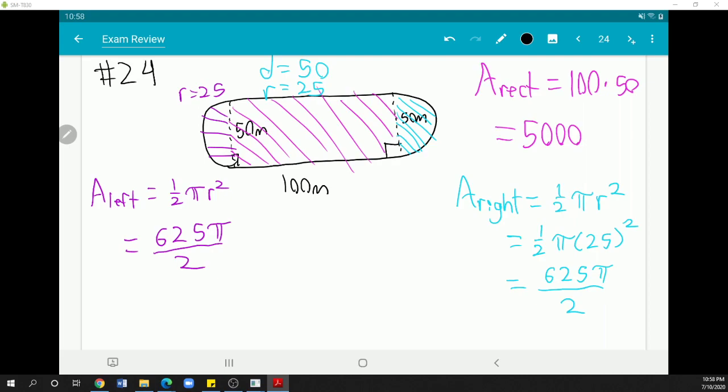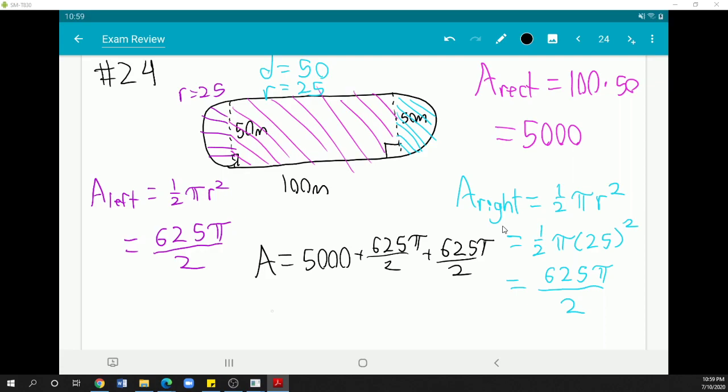So then the final area, A, equals 5,000, plus add these two things together, 625 pi over 2. So as a note, I'm adding half of something and another half of that same thing together.